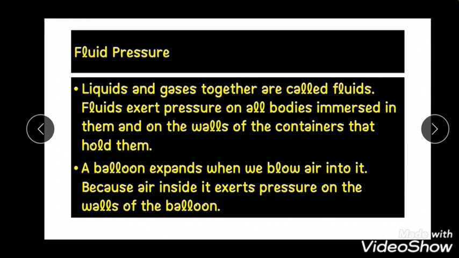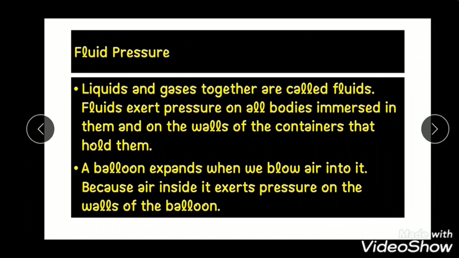A balloon expands when we blow air into it, because the air inside exerts pressure on the walls of the balloon. If we blow it again and again, what will happen? Because of high pressure, the balloon will burst. So it is an example of air exerting pressure. Fluids exert pressure on all sides, on the walls of the containers also.